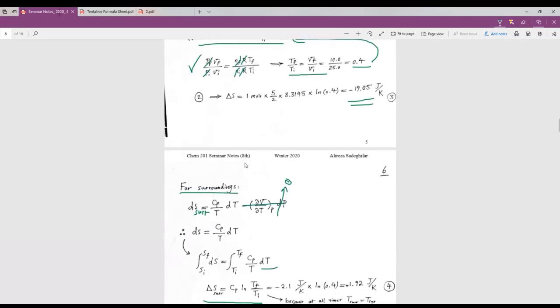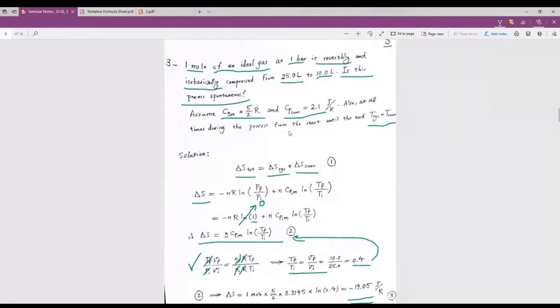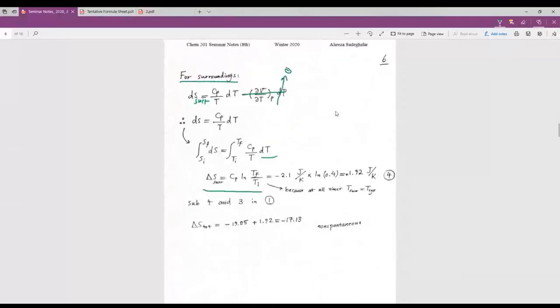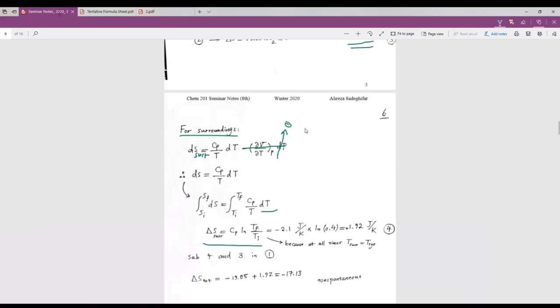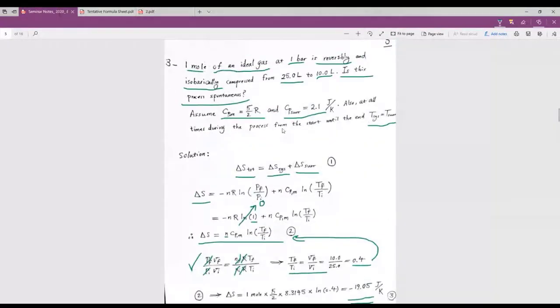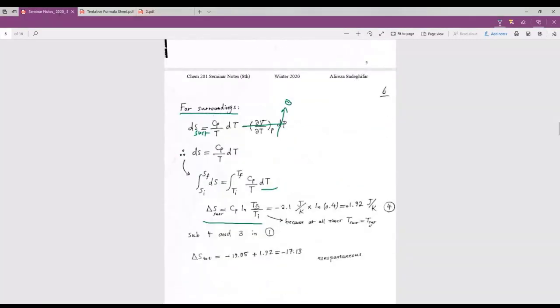Cp of the surroundings is already known here. It's here. What about this ratio? This is the ratio of T final surroundings over T initial surroundings. Because based on the information given here, at all times during the process, from the start until the end of the process, T system is T surroundings. Therefore, this ratio here should be equal to the ratio of T final system over T initial system.